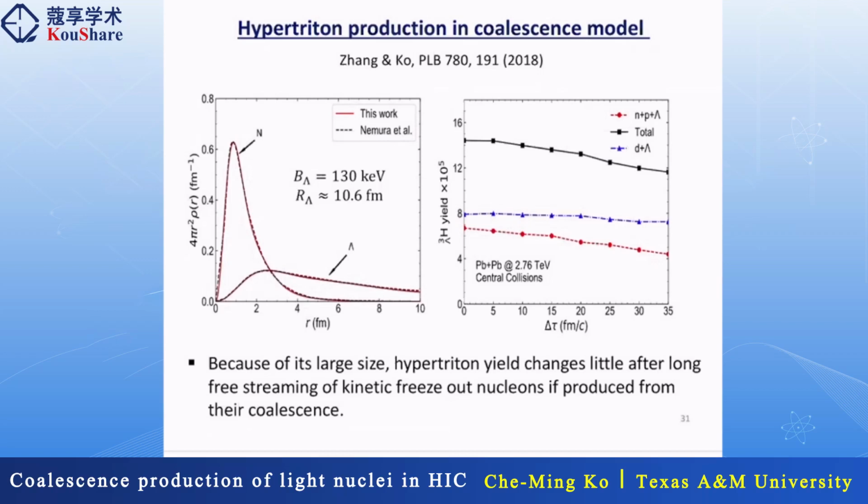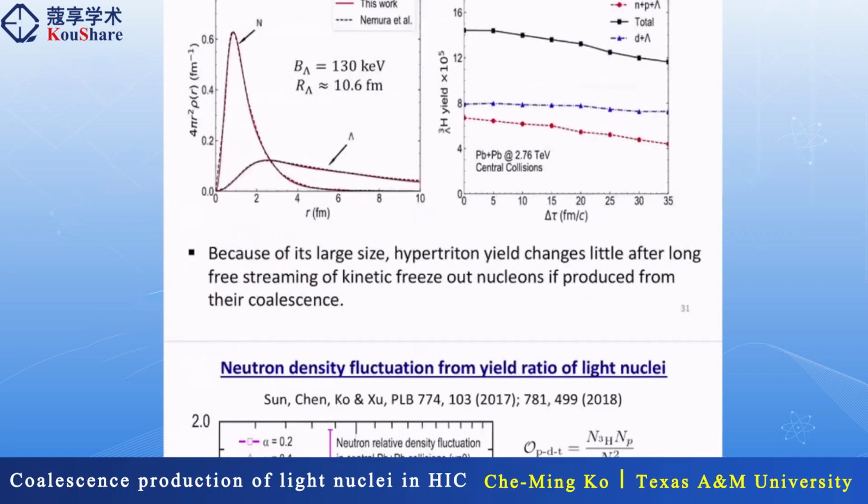So most of the hypertriton is probably produced 100% after kinetic freeze-out. Although proton, neutron, lambda and pion stop scattering, hypertriton and the pion interaction is still there because they are large volume. So that's the best way to test the coalescence model, with the hypertriton.